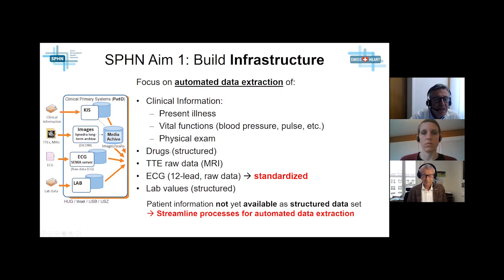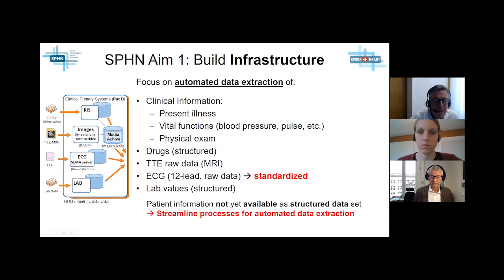The drugs are available in a structured fashion. We aim to get the TTE raw data and EKG raw data. That's very easy there because it's a highly standardized test. And the lab values are also available in a structured fashion. So we have a good deal of collecting the data here at the patient level in a structured fashion, which evidently will save us on manpower.